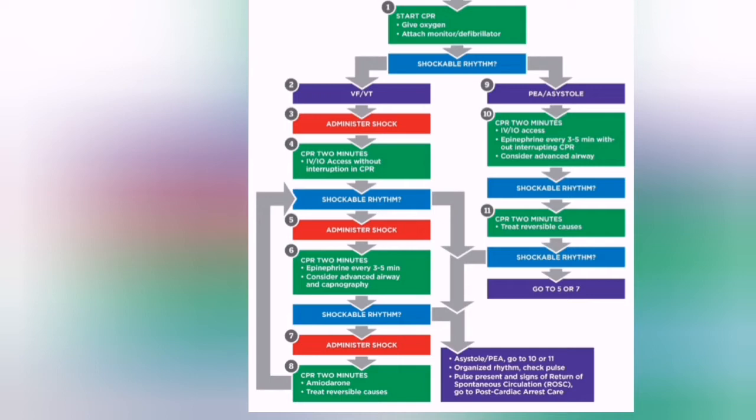Then you have to inform them about the case: this baby who's 1 year old and admitted as a case of bronchiolitis, and you found him unresponsive and not breathing, and you started high quality CPR. Then you give the one who is responsible for the airway his role. Tell him to open and maintain the airway and provide bag and mask ventilation with 100% oxygen.